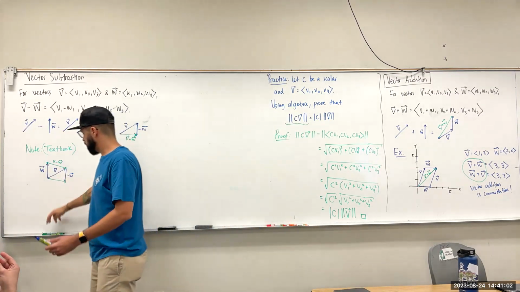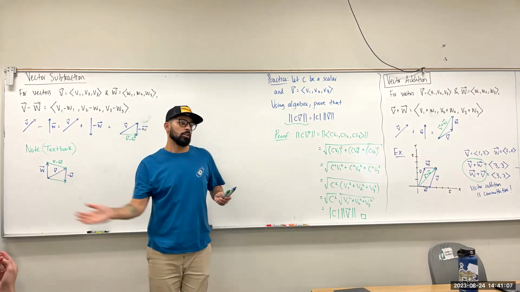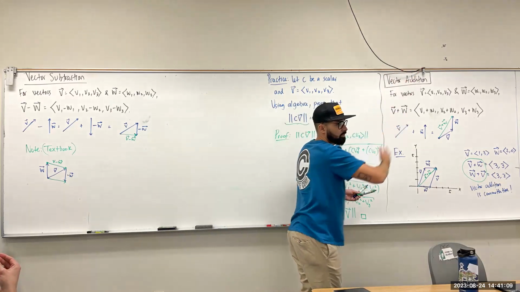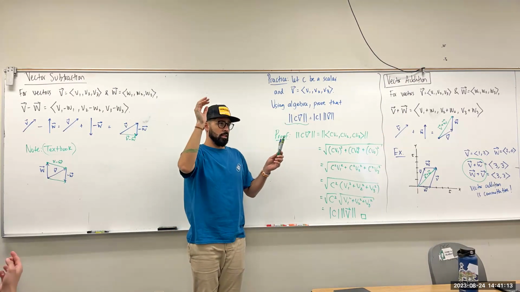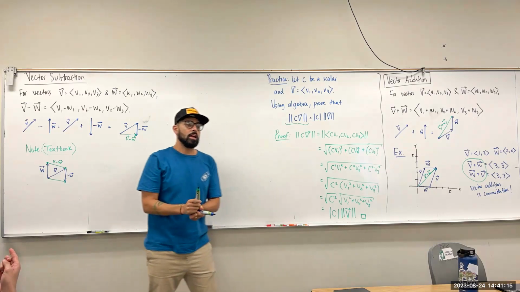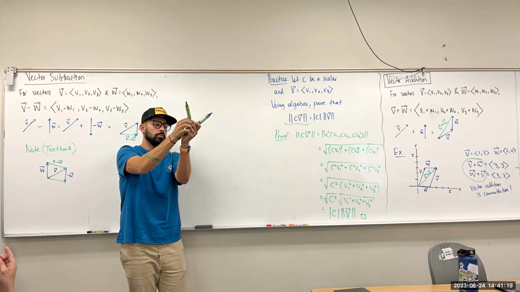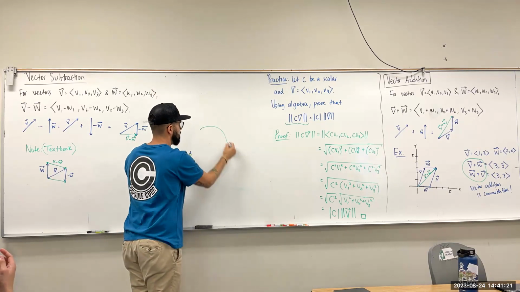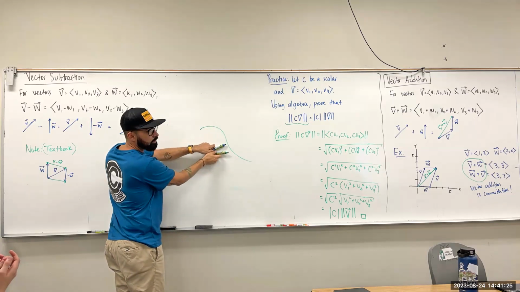The reason they do it this way is because down the line we're going to have curves. And then we're going to do calculus on it. We're going to do derivatives and all that stuff on curves. So what's going to happen is you're going to have two vectors touching the curve like this, right? Imagine there's a curve like this. You're going to have two vectors that are kind of doing this to it.